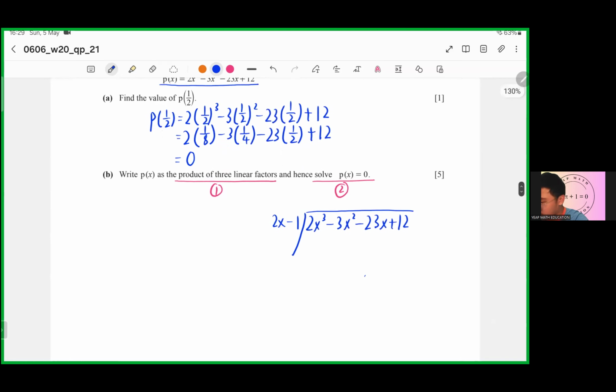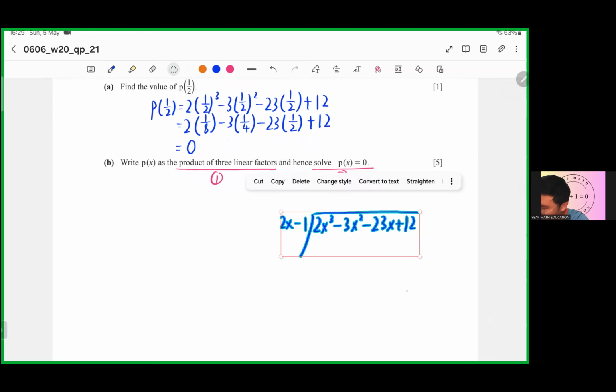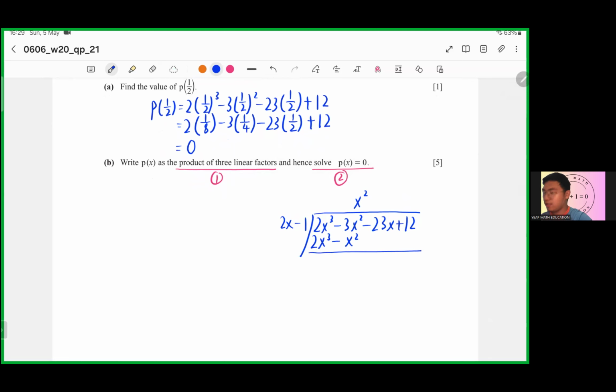Now we can start to do this question. x squared, we can get x cubed minus x squared. Negative 3 minus negative 1, negative 2x squared, minus 23x.